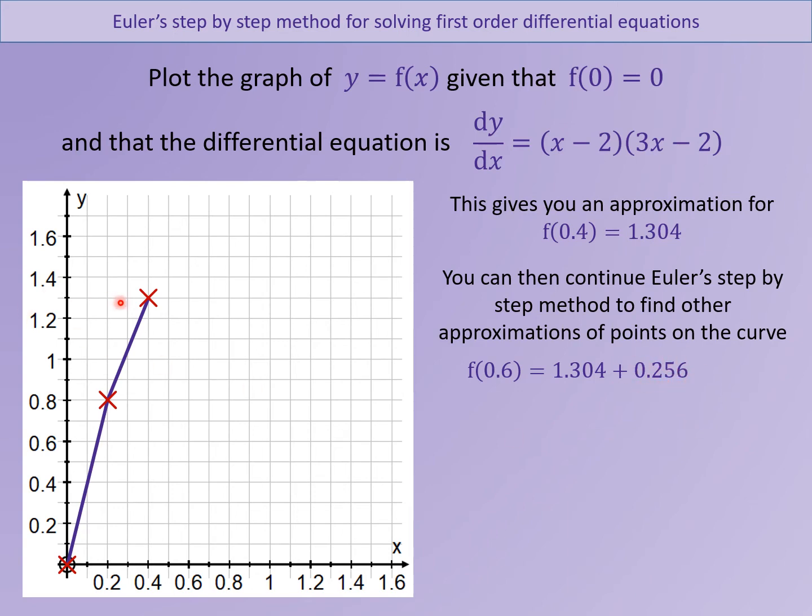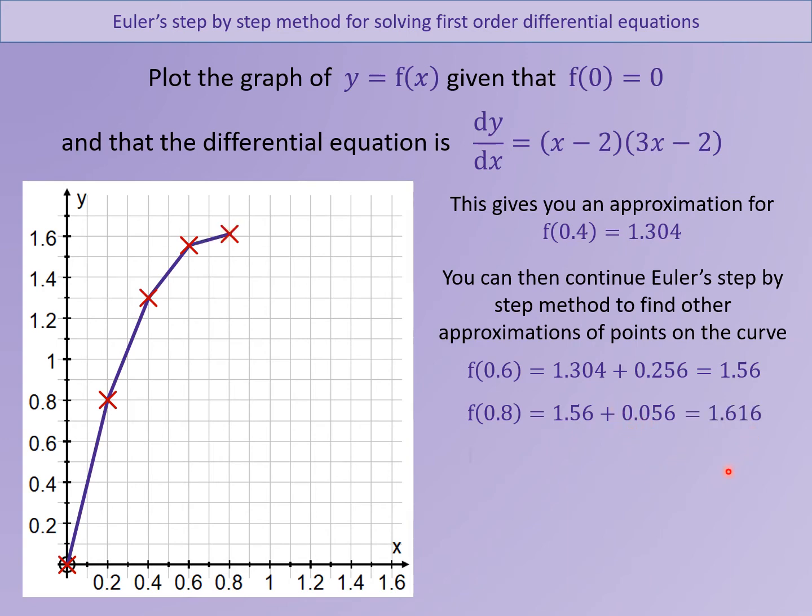Now the gradient at this point will be me substituting in 0.6 into there to see what I get. And it's 1.556. And so I can see that my curve is starting to get something like this sort of shape. Right, just jump forward a bit, 1.56 plus 0.2 times the gradient at 0.8 and so on.